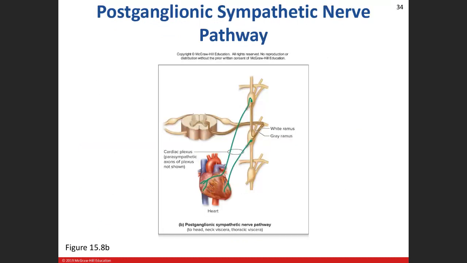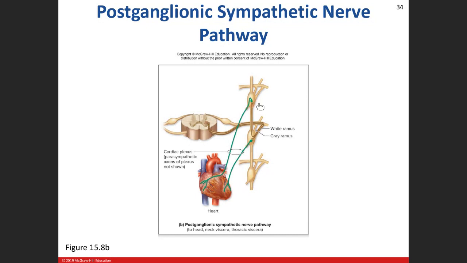So I love pictures, especially for this portion of the chapter. Here you can see our preganglionic neuron, same story. It's going to enter into the sympathetic trunk, and again, it can ascend a level, it can descend a level, or it can synapse directly on that same level. Once it synapses, though, that postganglionic neuron is not going to leave through the gray ramus.